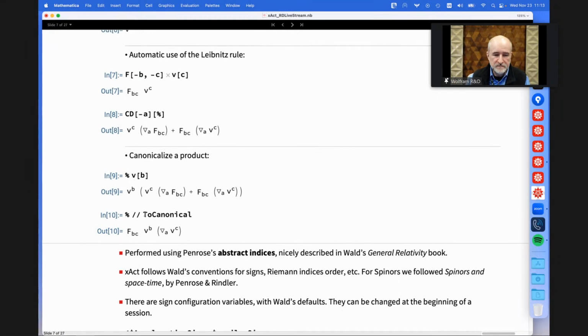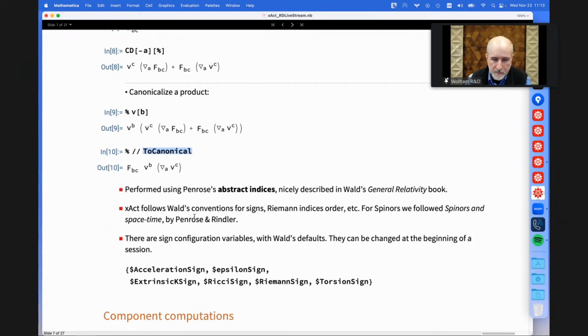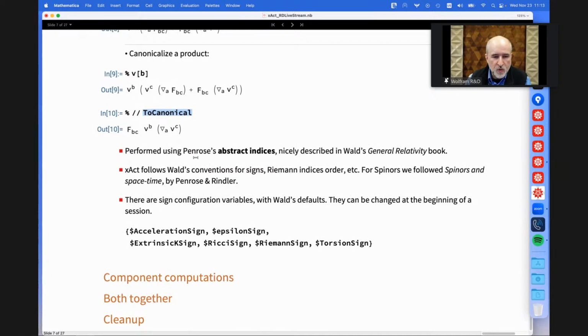So this is probably one of the fundamental functions in the whole system. Okay, for those of you who know what this is, xAct uses throughout the terminology of abstract indices introduced by Penrose and nicely described in Wald's book, which is this book, Wald's General Relativity book, is the main inspiration for the whole system and notations and conventions.